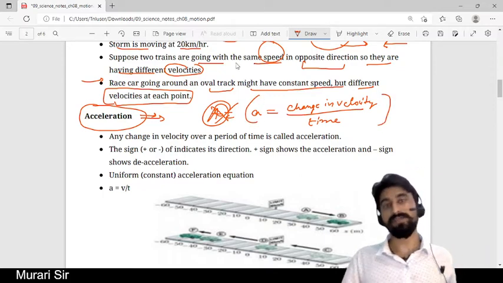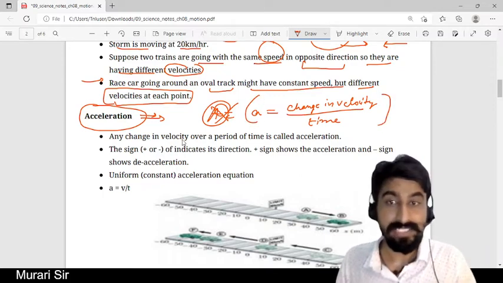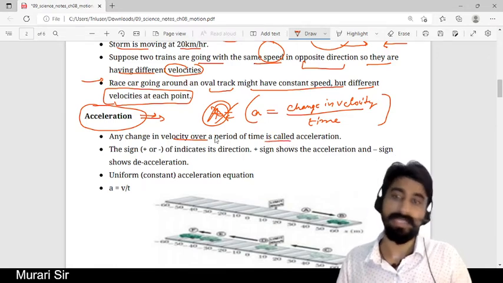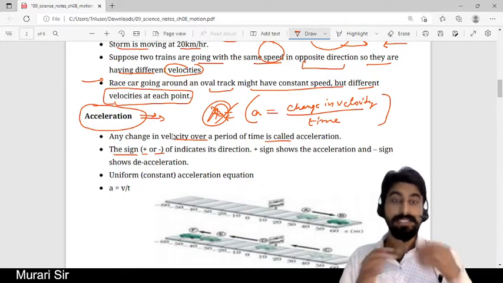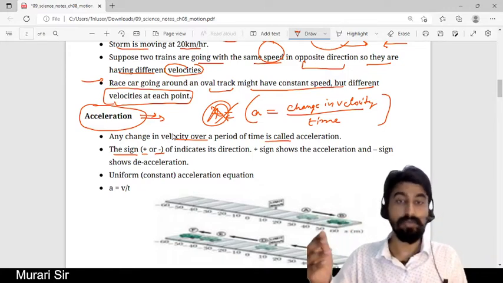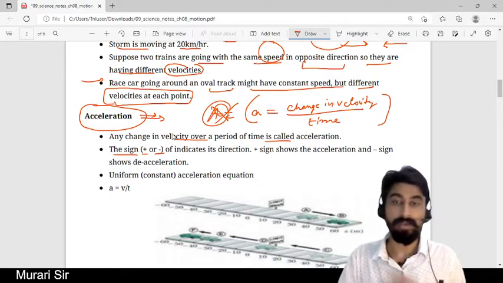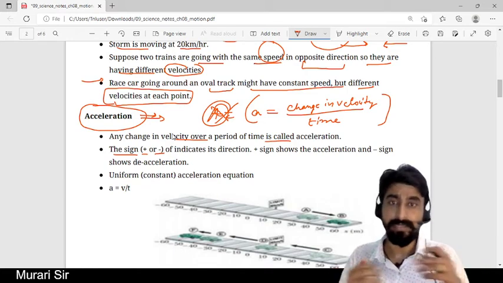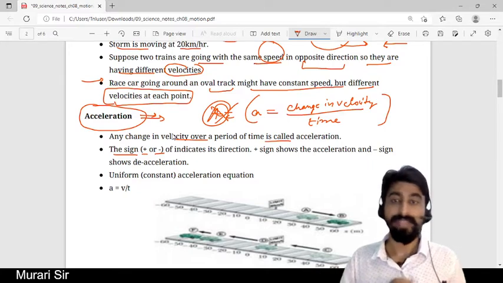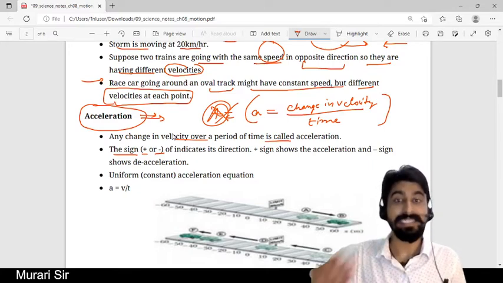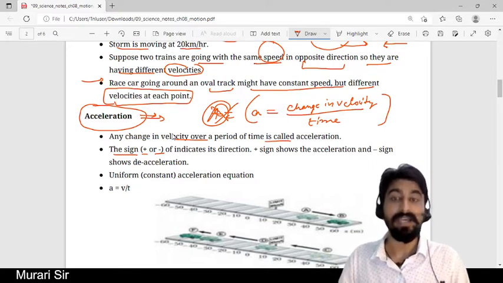So that's what you have to understand. Any change in the velocity over a period of time is called acceleration. It can be positive or negative. It is positive when there is an increment in velocity, and negative when there is a decrement in velocity. Like if you are starting a bike and reaching 50 kilometer per hour speed from zero, that means velocity is increasing. It is a positive acceleration, it is accelerated.